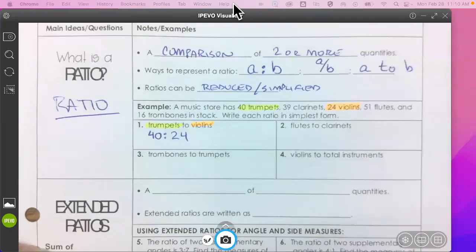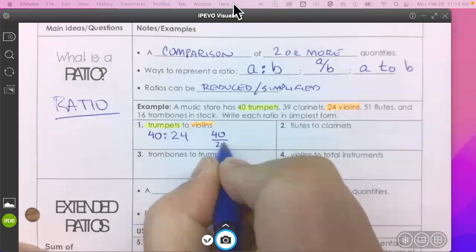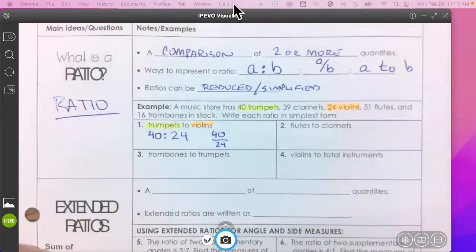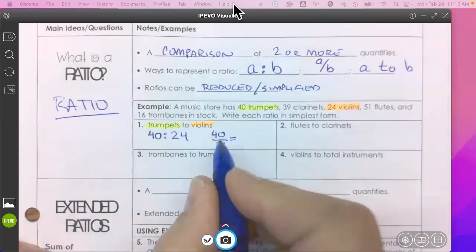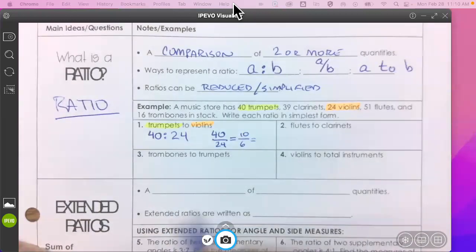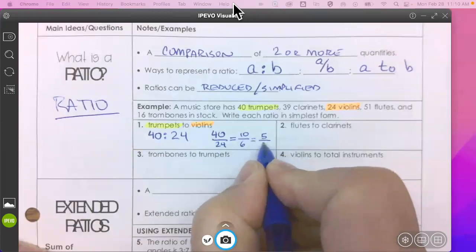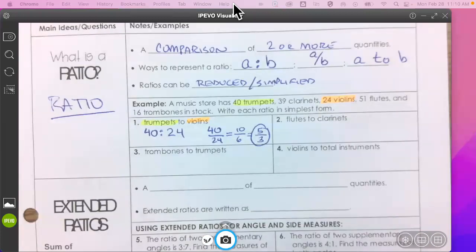And that's a valid way to express it. Personally, I prefer the fractions. I think there's more value in those for what we're doing. And it's easier to see then how to reduce this. What number can be divided into both 40 and 24? 4 can go in. Anything further? 2. So in other words, 8 would have gone into it. We can take it all the way down to 5/3. That's the reduced ratio.